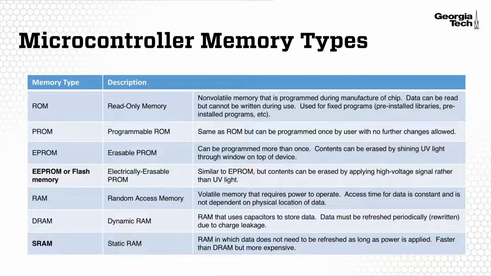Flash memory is a type of non-volatile memory where our program is usually stored and where we can write data that we want to maintain even when power is removed from the device. Static RAM or SRAM is a type of volatile memory, and that's where our program usually stores data, but that data is lost every time power is removed.